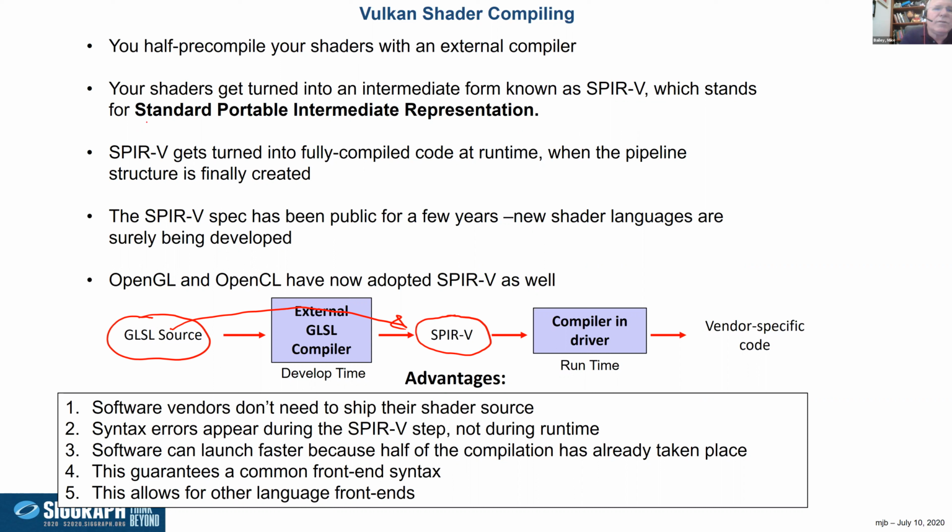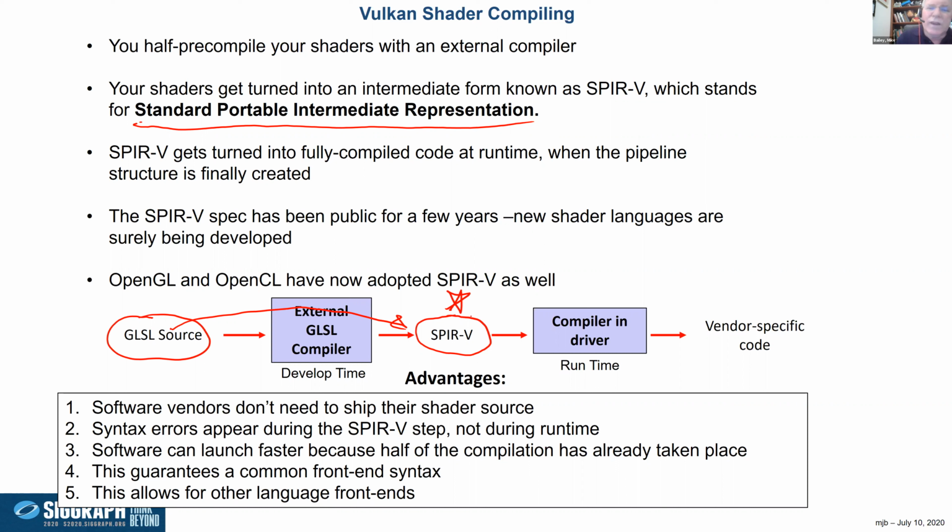Okay, and SPIR stands for Standard Portable Intermediate Representation, which you don't really need to know. In a different era, we might have called this P-code, but it produces this intermediate format that is ugly to look at and hard to reverse engineer and so on. And this is what you ship with your code.